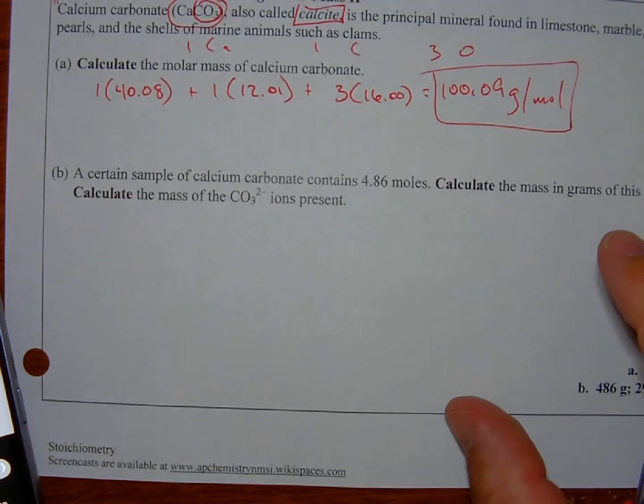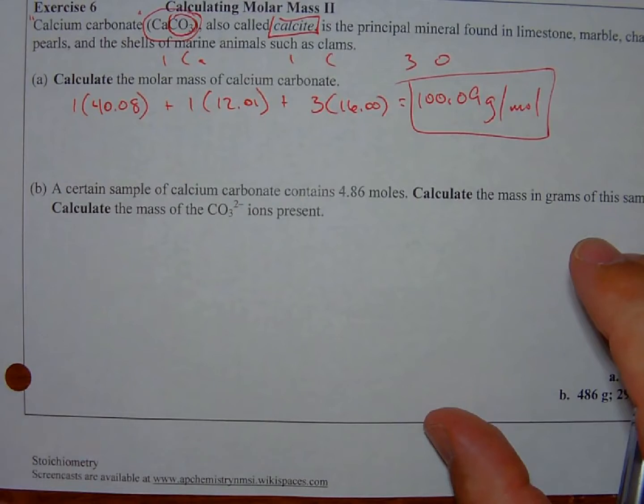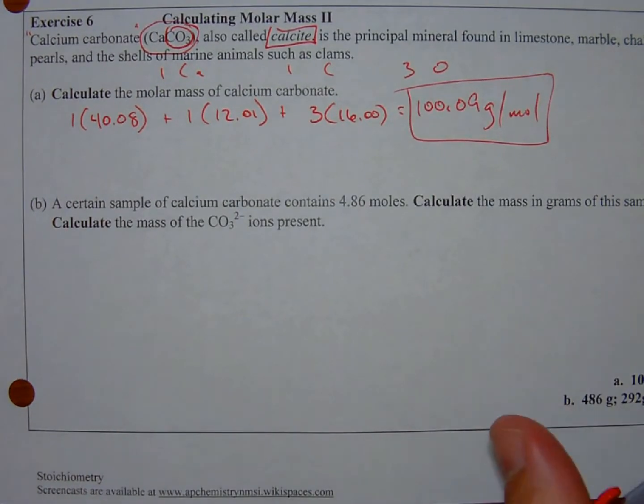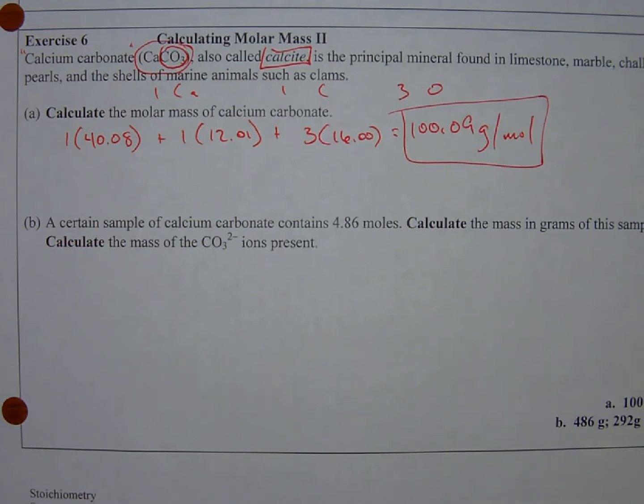All right, B. Now, as you've seen in the previous exercise, and then we're just about to do in this exercise, a lot of the longer free response questions on the AP exam will lead you.